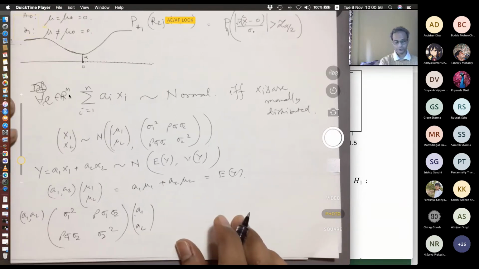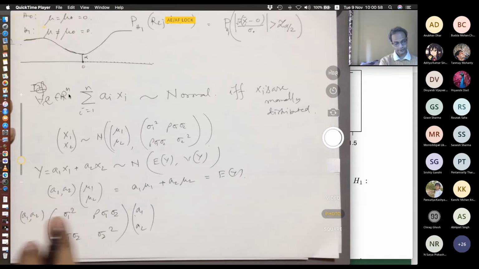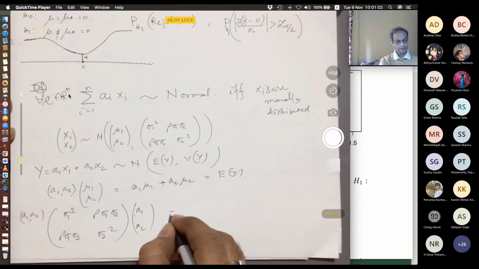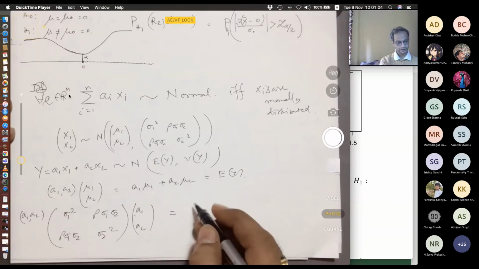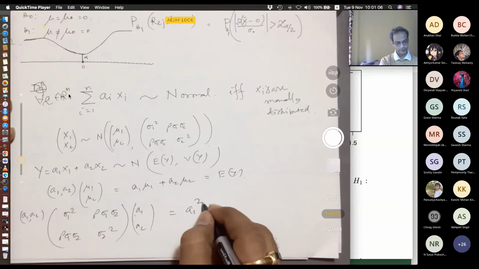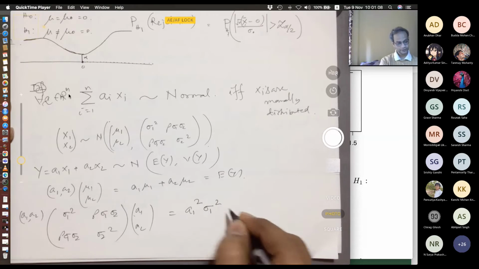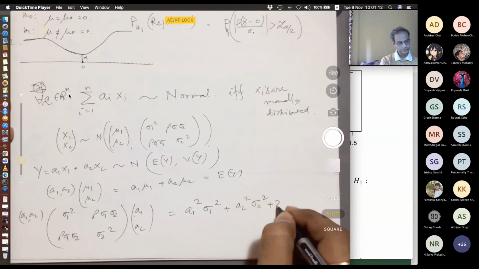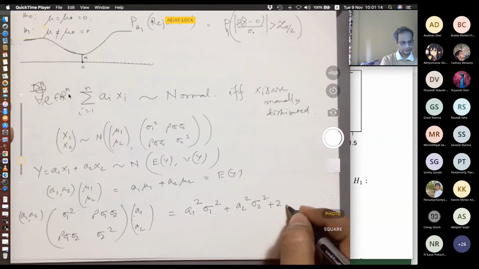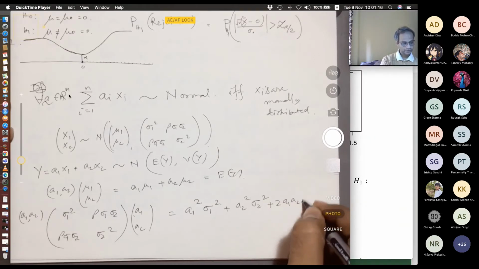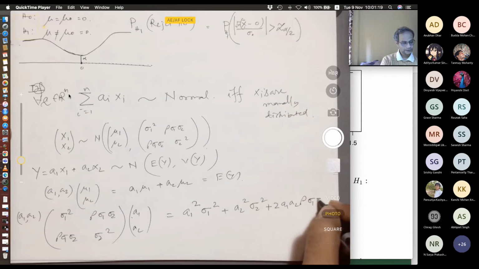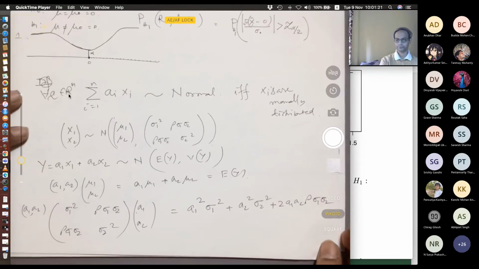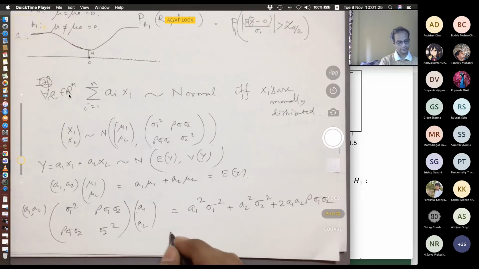So row vector, matrix, column vector, then you have A1 square sigma1 square, plus A2 square sigma2 square, plus 2 times A1 A2 rho sigma1 sigma2. It is very easy to see, and that is the variance.